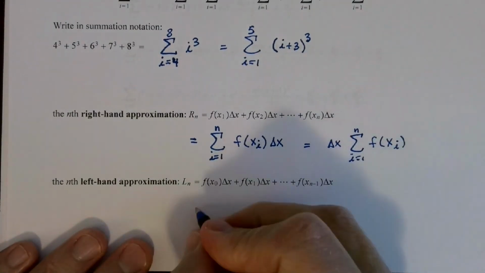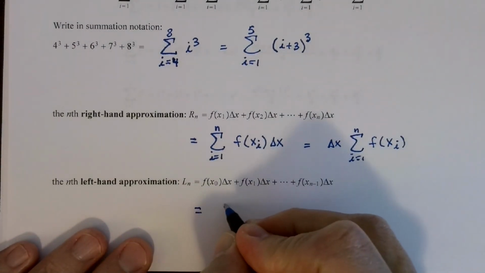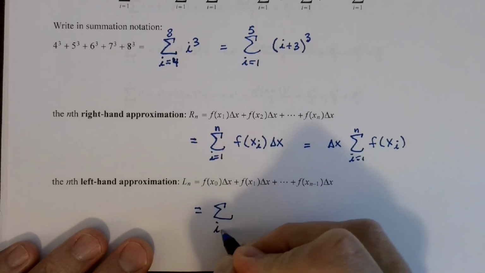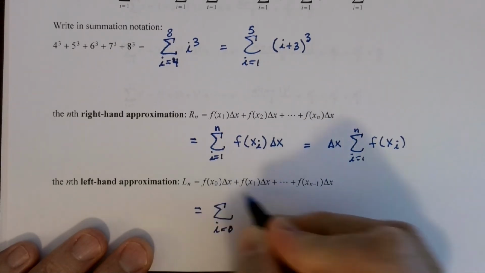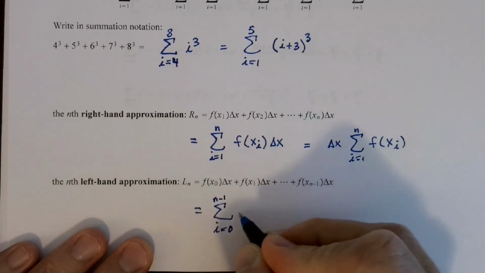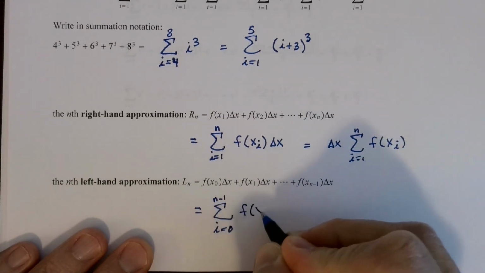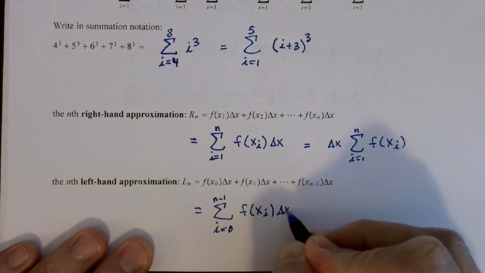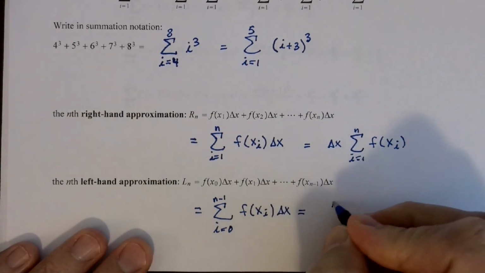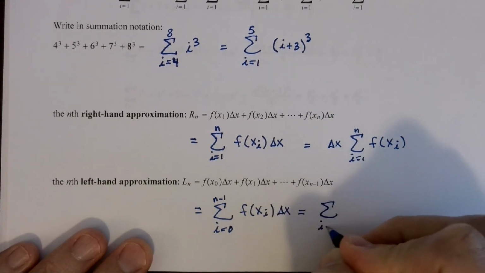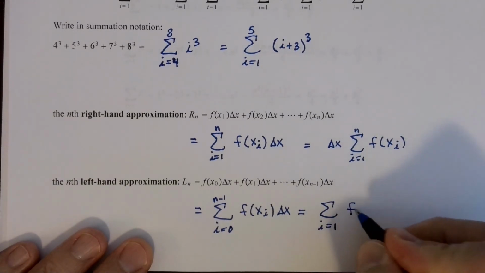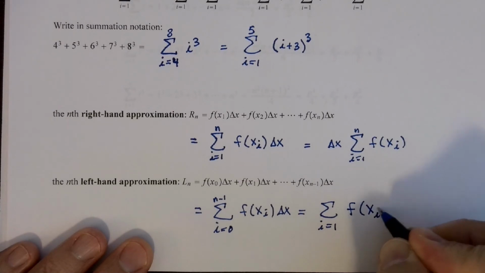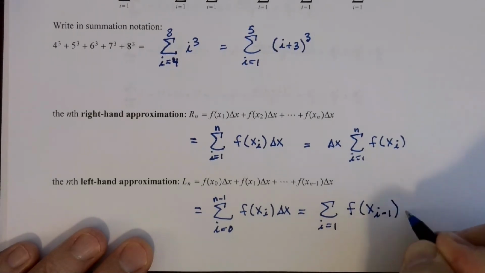And then similarly, left-hand approximation. This time, notice I'm going to do summation i equal what? I'm going to start at i equal 0, right? To what? n minus 1. Now you say, well, I don't like that. I like to start at i equal 1. You actually can start at i equal 1. And in that case, what's going to happen, though, is you're going to look at f of x sub i minus 1 times delta x.